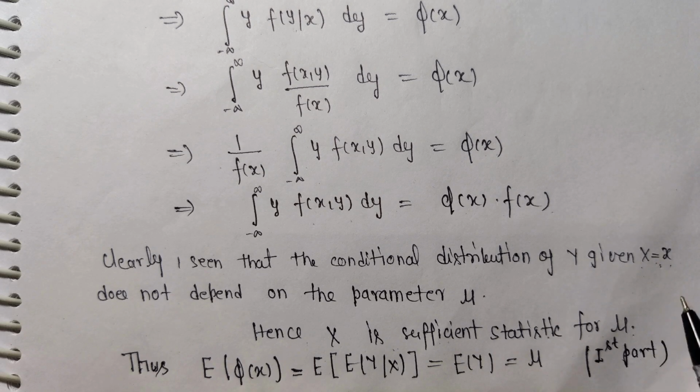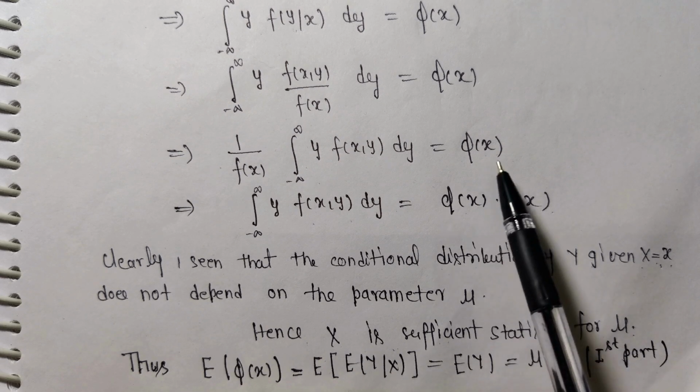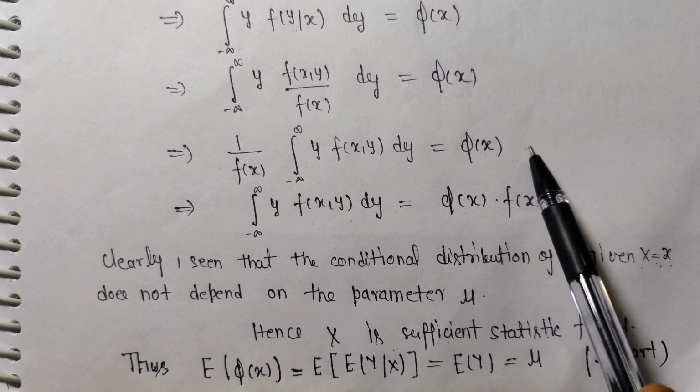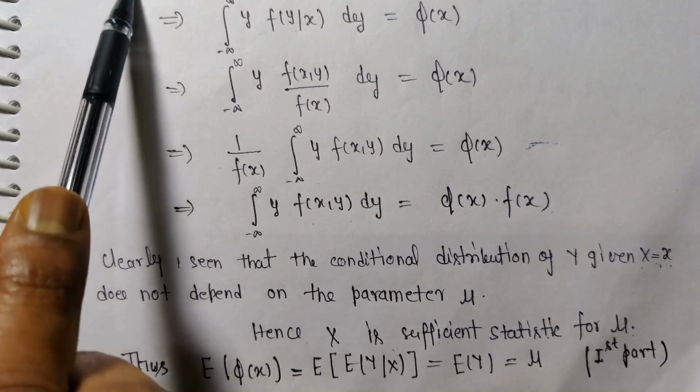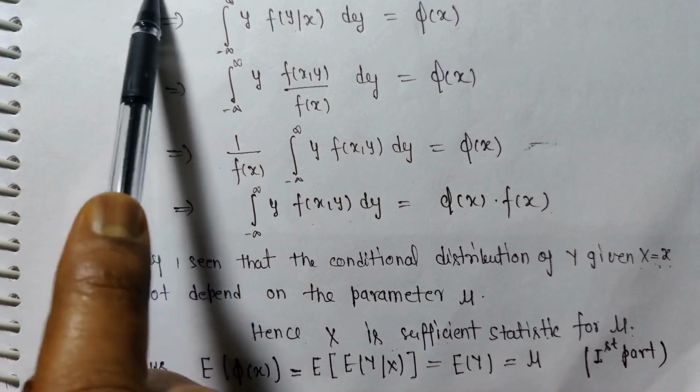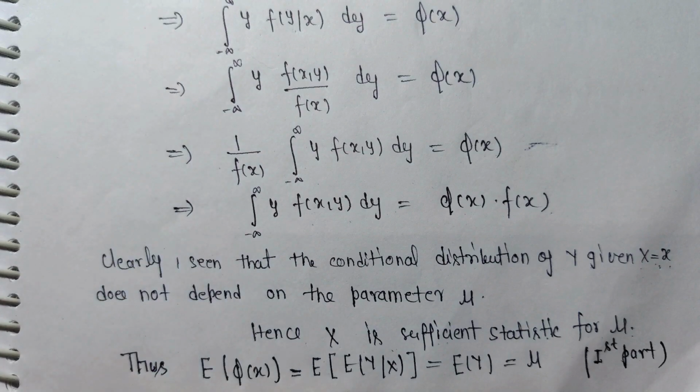If X is sufficient, then we can take expectation of both sides of phi(X), and the left-hand side quantity is the expected value of Y given X. So taking expectation, E of phi(X) is equal to E of E of Y given X, and since X is sufficient, this is nothing but the expected value of Y, which is equal to mu.